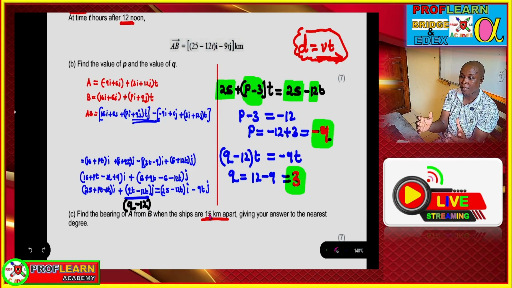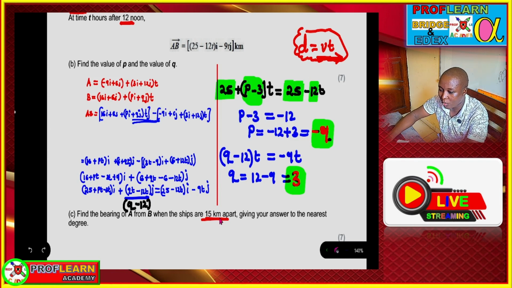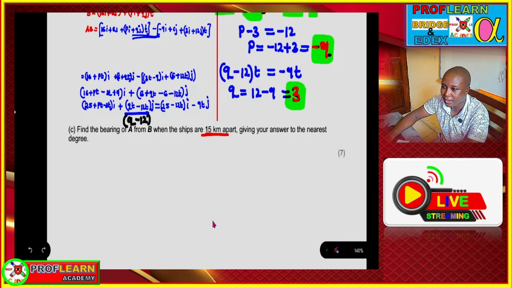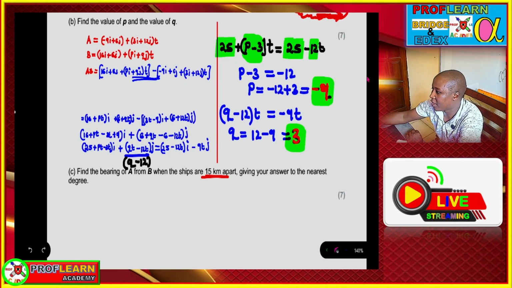So if we use 15 kilometers, we find the magnitude of this displacement vector, which shall equate to 15. It will enable us to work out the time taken.